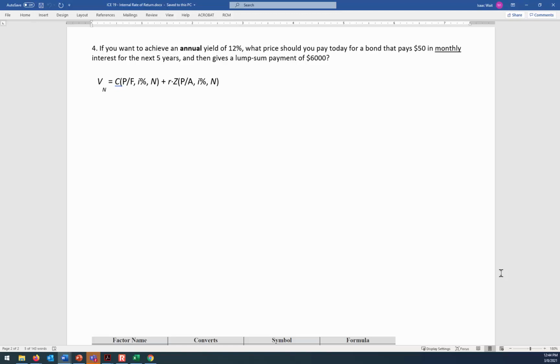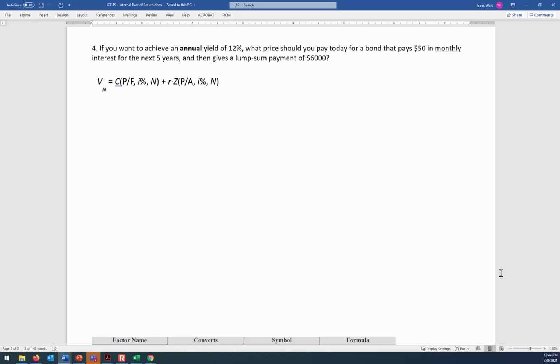Now, remember, the two ways that a bond has value is the present value of its lump sum payment. So there's a single amount in the future that you have to discount to the present. And then there's also the present value of the annual interest component of the bond.